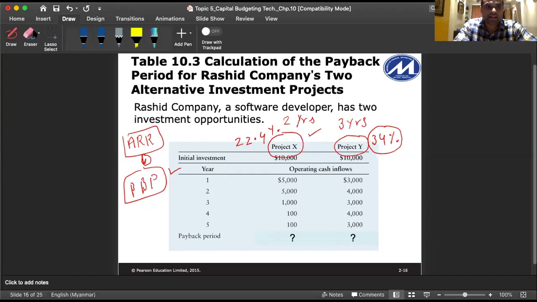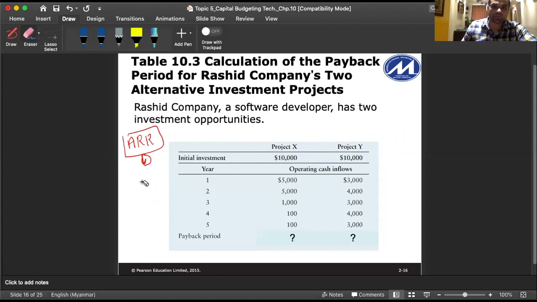So next is Projects X and Y. We assume the interest rate is 6%.